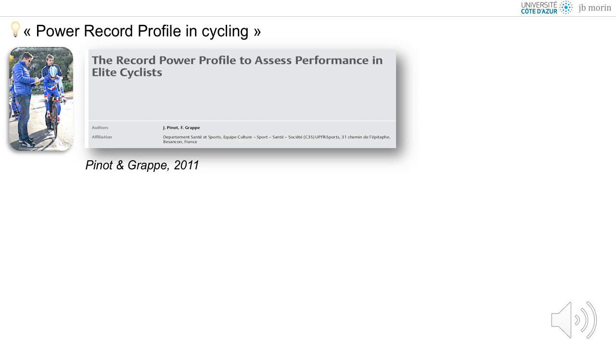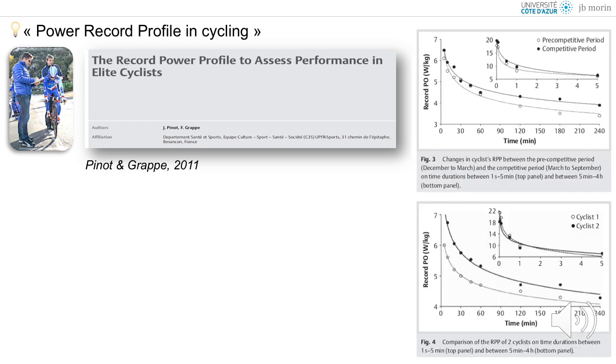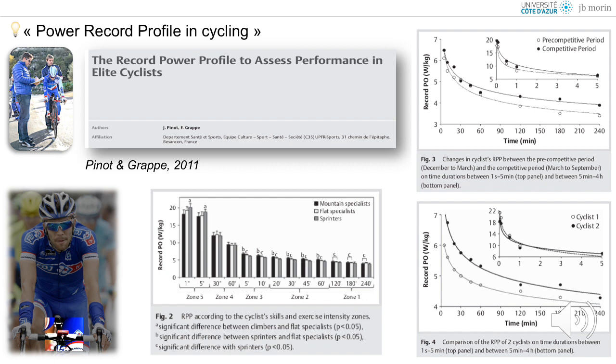So the idea basically came to us by reading a study in cycling by Pinot and Grapp, the power record profile in cycling, where instead of doing several tests or a single test on a very long distance and a very long time, they take the power data of the cyclist over several training sessions, maybe some races, etc. And when you get enough data, you can build the power-time relationship for that cyclist, and you see that it's very different between cyclists.